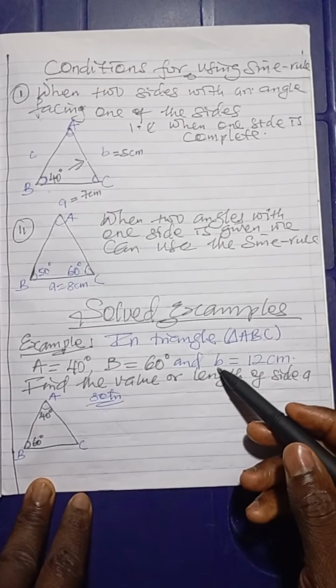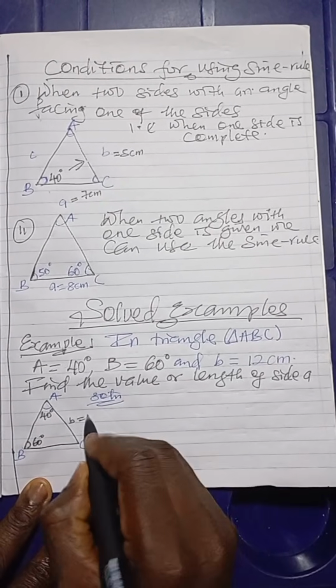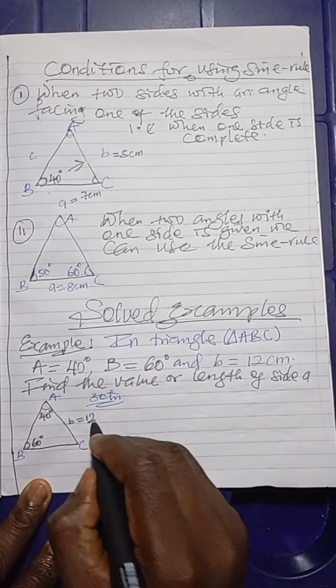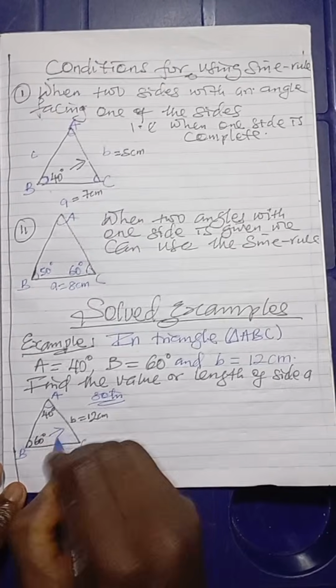So let's proceed to substitute our values. This is our b, which is 12 cm, which is already complete. So we can say that side b is complete.